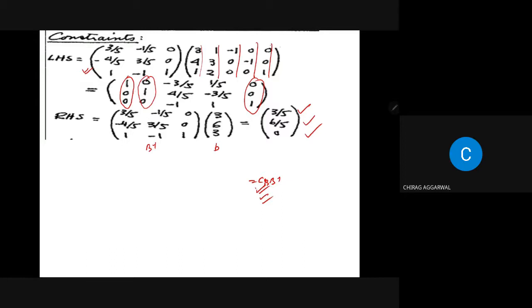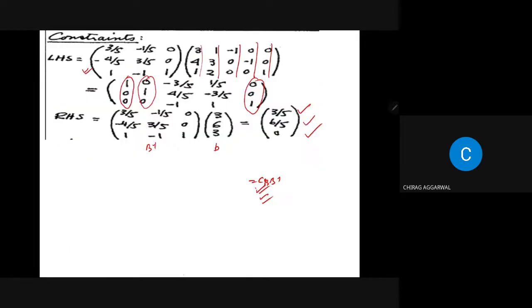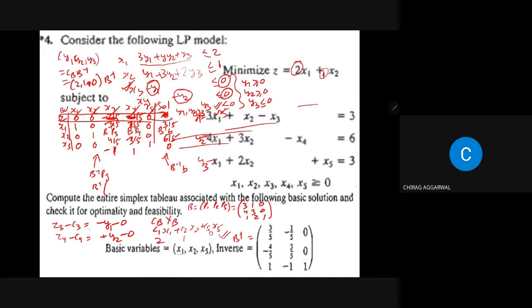And what about cB? That is 2, 1 and 0. So here we have 2, 1 and 0, and here we have the right-hand side 3/5, 6/5. So it will come 2 into 3/5, 1 into 6/5 and 0 into 0.